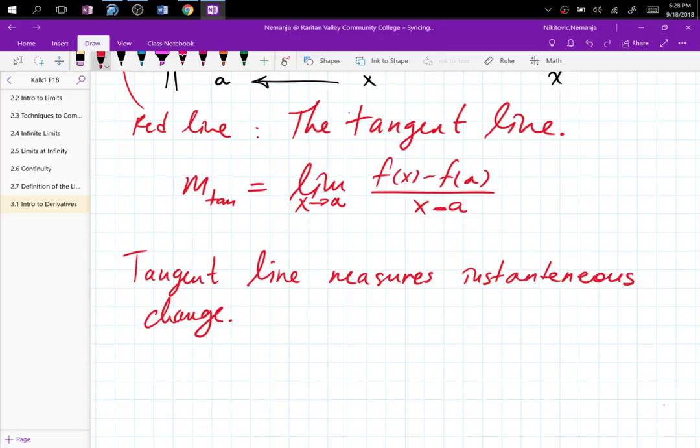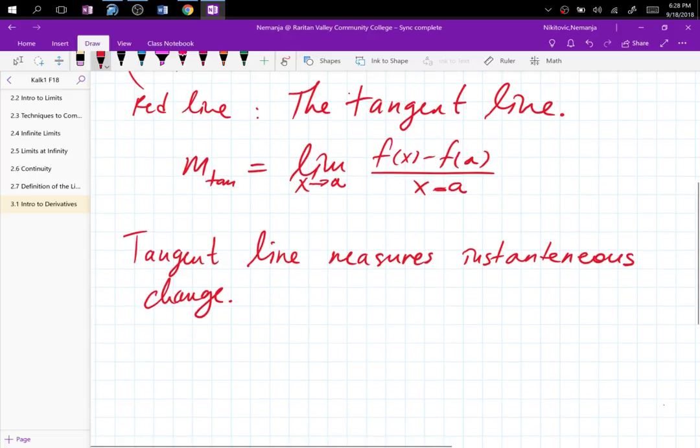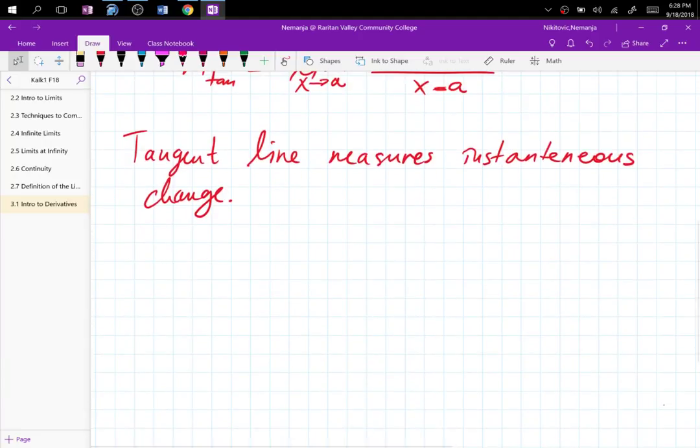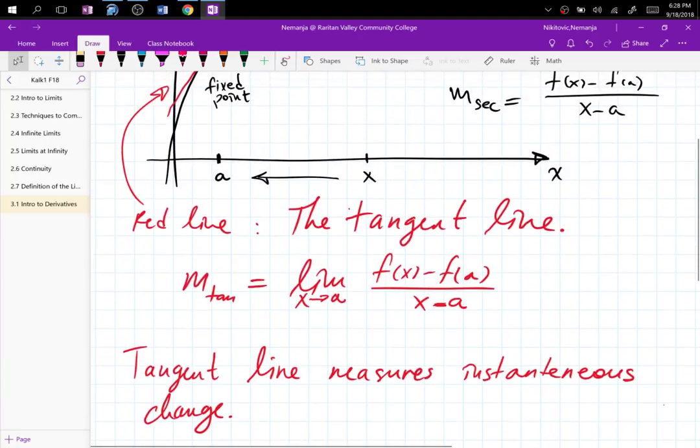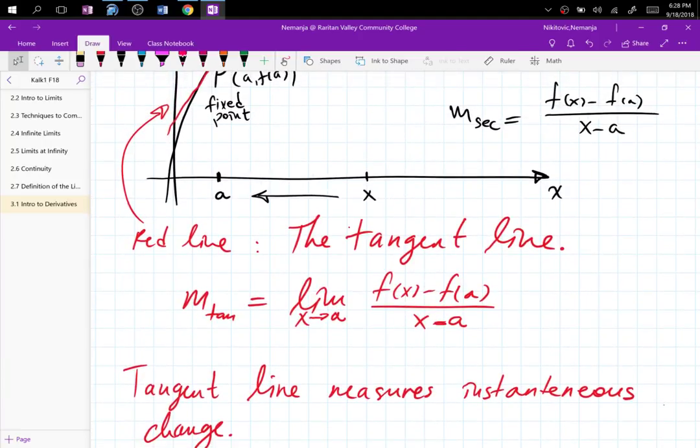All right, so it measures instantaneous change. We have to talk a little bit about this. You can measure the average change after the change process has ended. For instance, there is a point when baby cries for the first time, right?